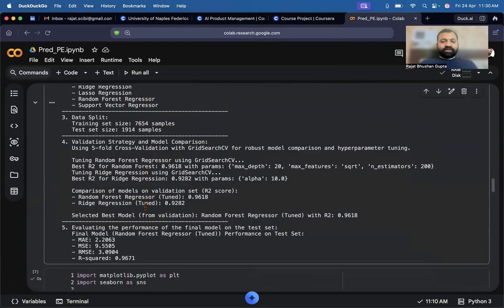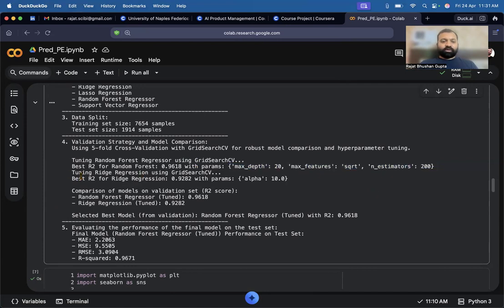Now, after running the grid search cross-validation, we got random forest with the best R square score, which was 0.9618, with the following parameters: max depth is 20, max features are given by the SQRT method, and N estimators were 200.